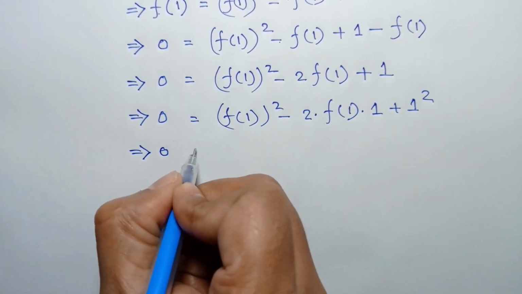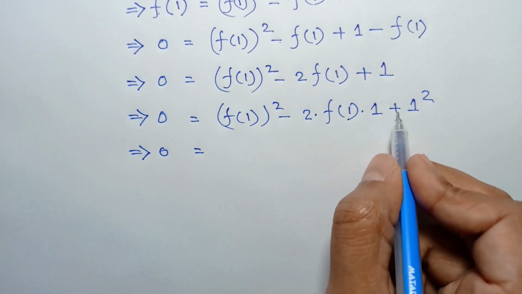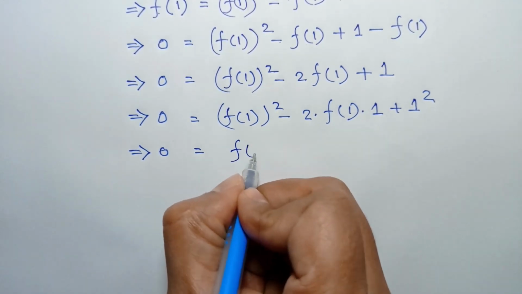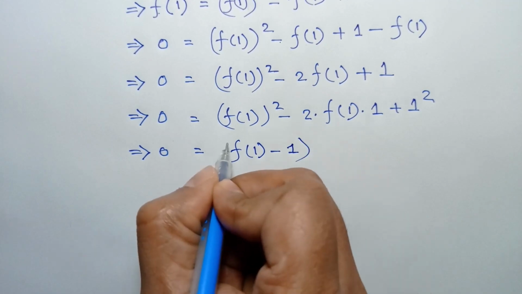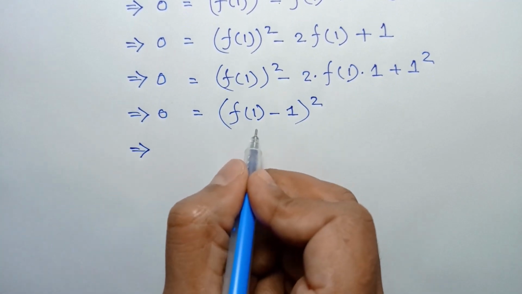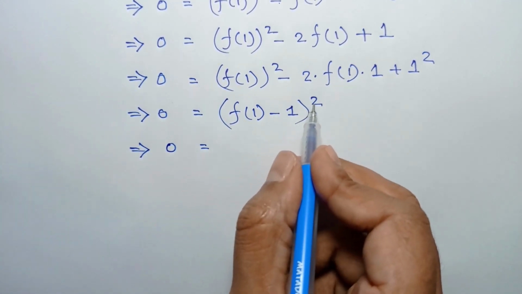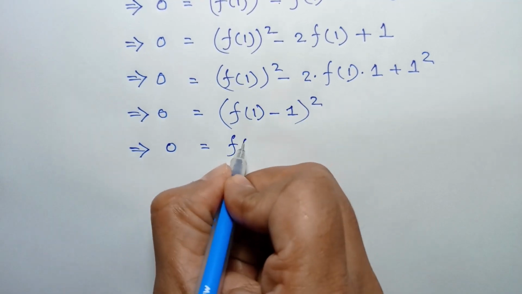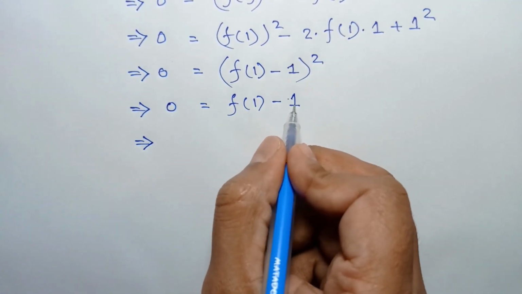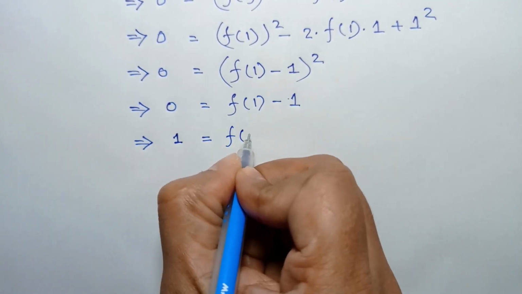or 0 is equal to, according to this formula, a square minus twice ab plus b square is equal to a minus b whole square, we can write it as f(1) minus 1 whole square, or taking square root to both sides, we can write square root of 0 is 0 is equal to the right side square root, and this square will cancel out, so it will remain f(1) minus 1, or taking this 1 to the left side, we will have 0 plus 1 is 1 is equal to f(1).